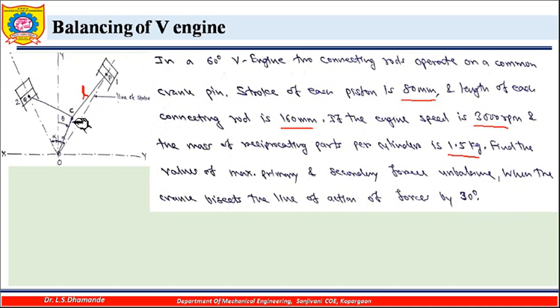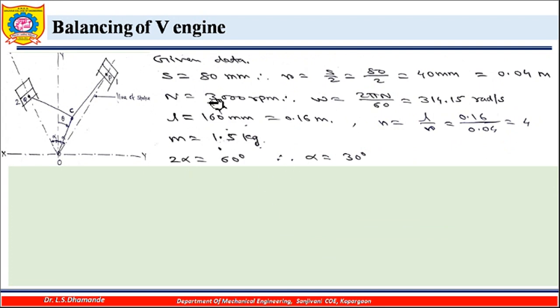So the position of this crank is specified, it is at 30 degree. So it means this theta is equal to 30 degree. During this position we have to find out the value of maximum primary and maximum secondary forces unbalanced available in this particular type of V engine. So this is the given data.